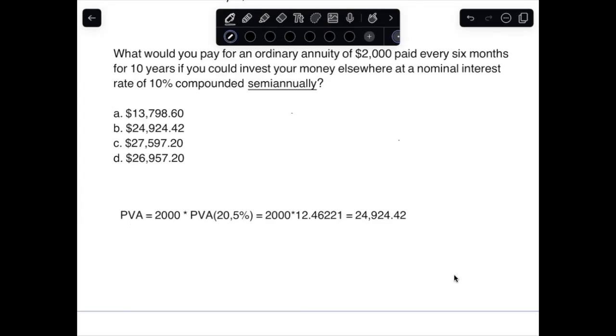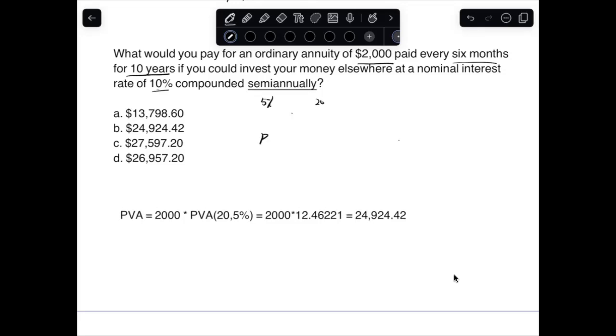So 10% here is for a year, and it pays you twice in 1 year. So for every period, the return is 5%, and 6 months for 10 years, so there are 20 periods, and 2,000 is the annuity. So we get everything we need.